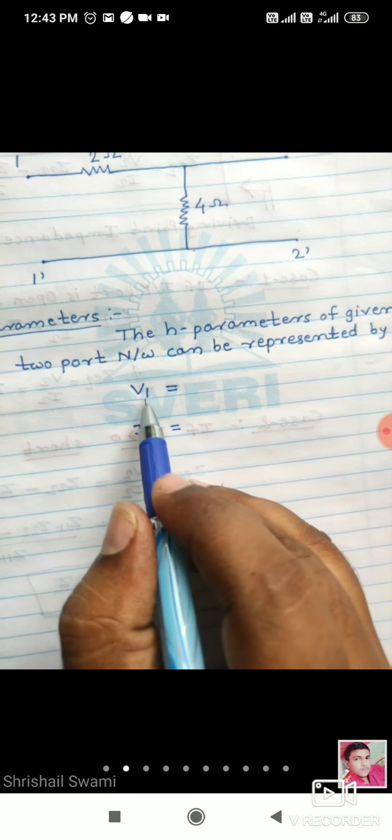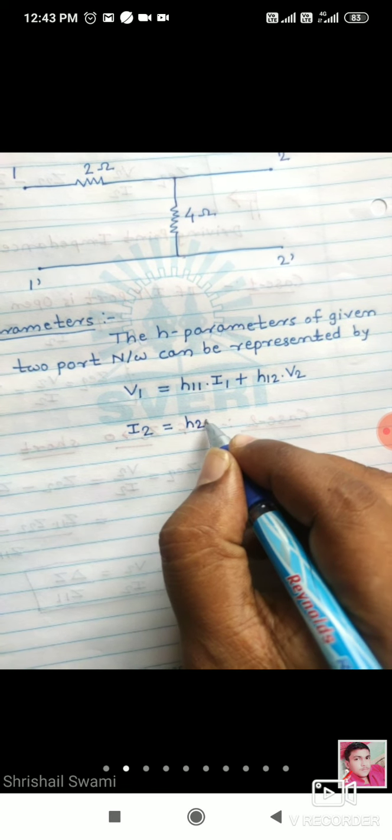So write down the equation. Now, how do the h parameter equations look? V1 and I2 act as the dependent variables. V1 is equal to H11 into I1 plus H12 into V2. Similarly, I2 is equal to H21 into I1 plus H22 into V2. So this is equation number 1 and this is equation number 2. You must know the equations, because to solve the problems we require the equations and formulas.